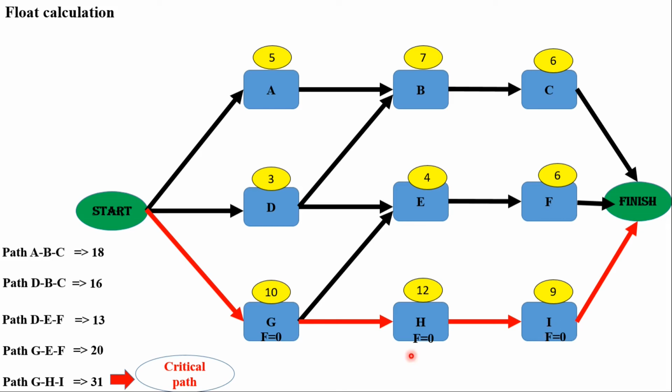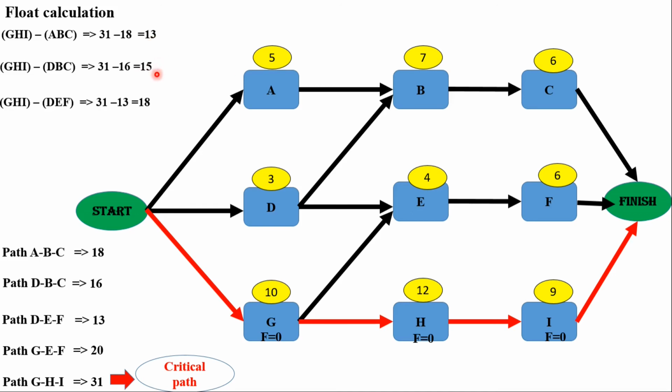F equals 0 represents that the float on the critical path is 0. For path ABC, similarly as in the previous example, we subtract path ABC, which is non-critical, from the critical path GHI. So 31 minus 18, we have 13. For path DBC, we have 31 minus 16, you have 15.